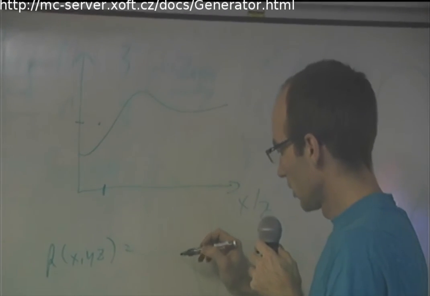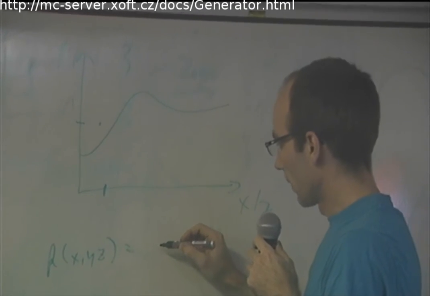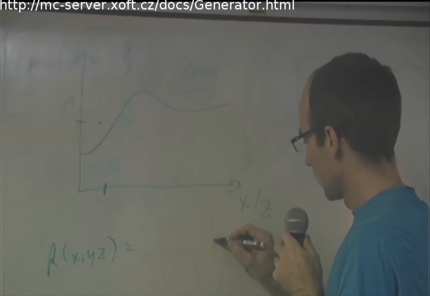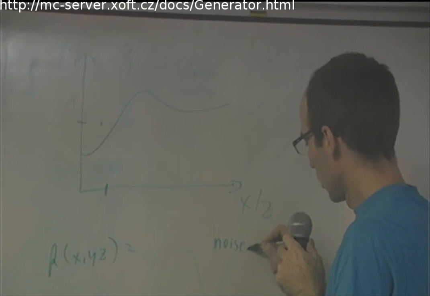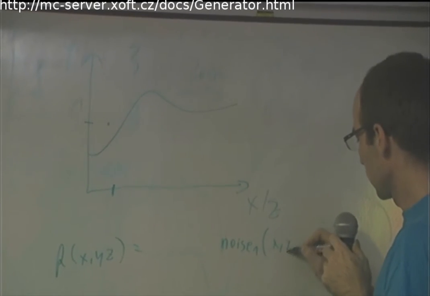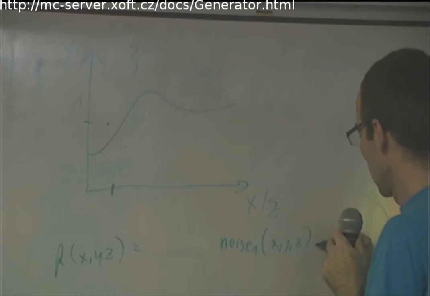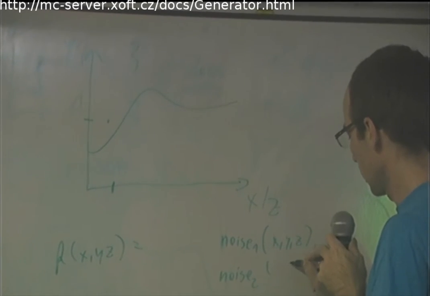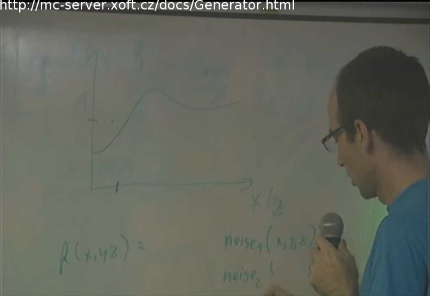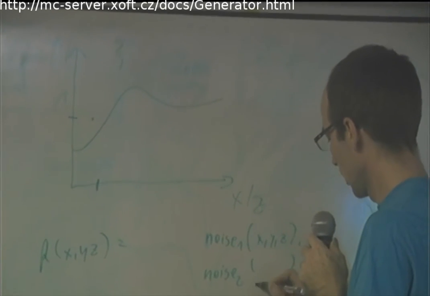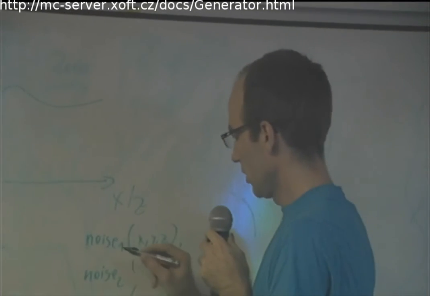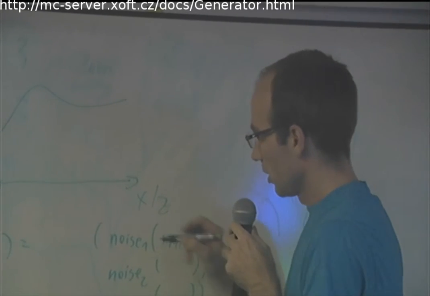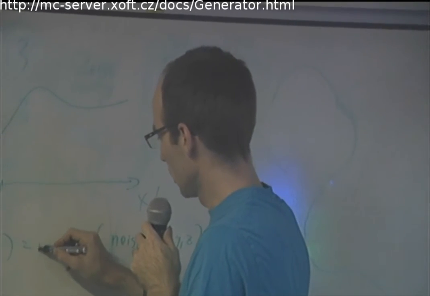So in a math form, it would be noise 1 XYZ, noise 2 XYZ, noise 3 XYZ. All these would be fed into another noise.